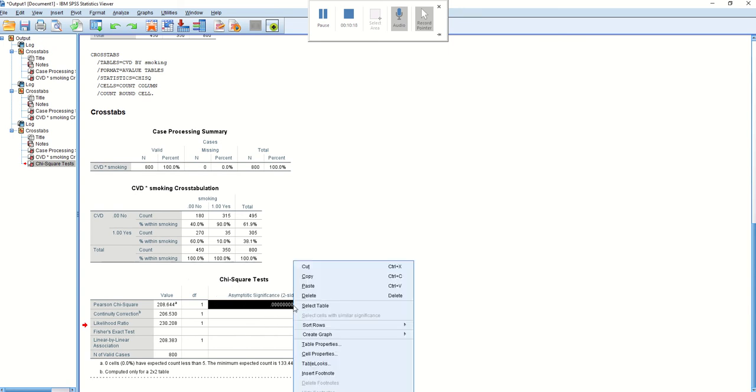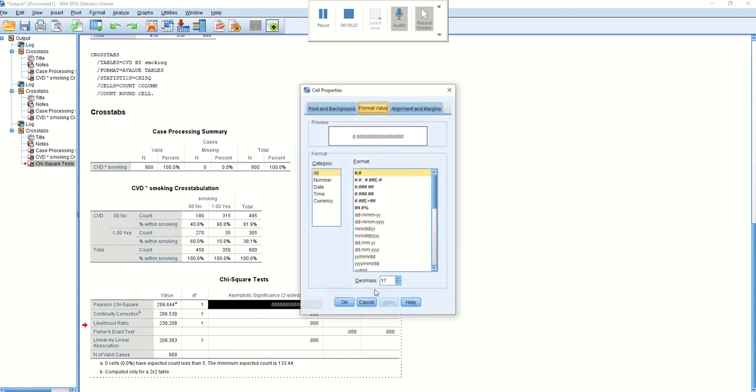Wow, this p-value is really, really small. Let's see if I can add more. Whoa. Okay. So it has a lot of zeros. It's almost equal to zero.